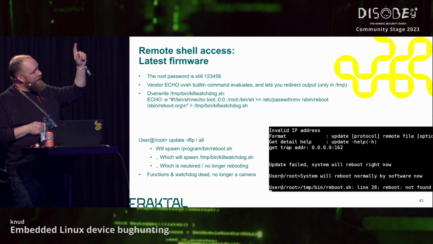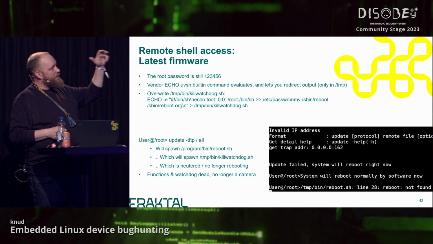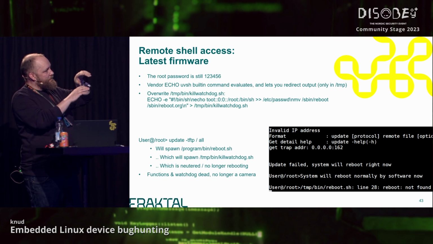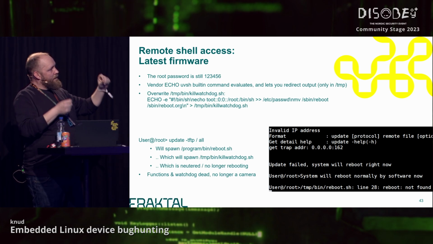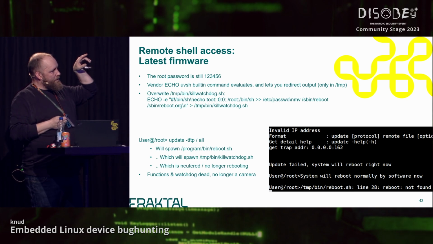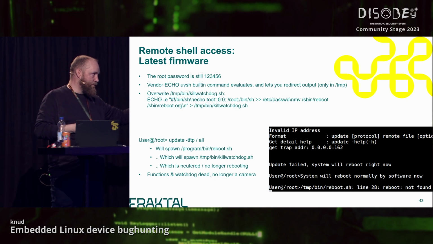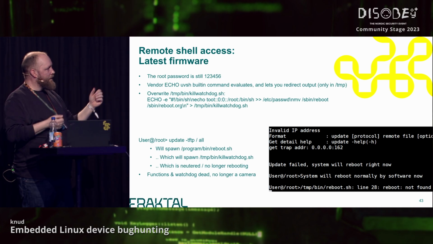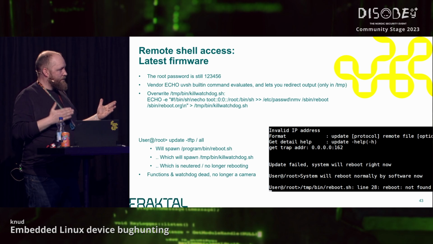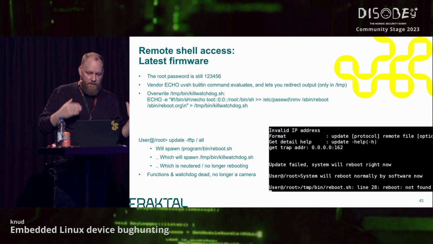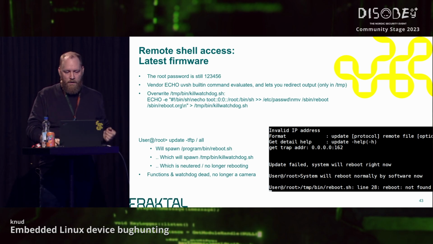So you can override a script called killwatchdog, and then from the gimped vendor shell, you can try to do a system update of the firmware using TFTP, which will fail, but then it's going to spawn a reboot shell script, which will spawn the killwatchdog, which doesn't reboot the device anymore because I destroyed it. And then you have a real shell instead, and the watchdog is killed, and now it's no longer a camera, it's just a computer under your control.